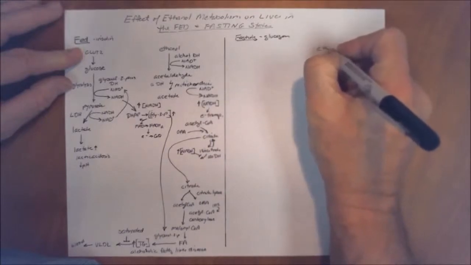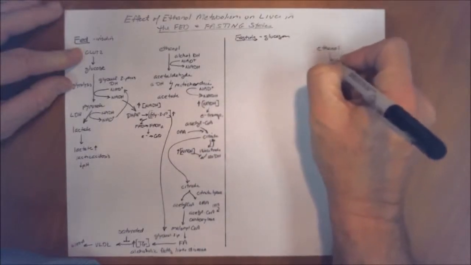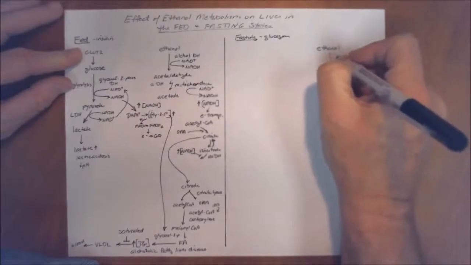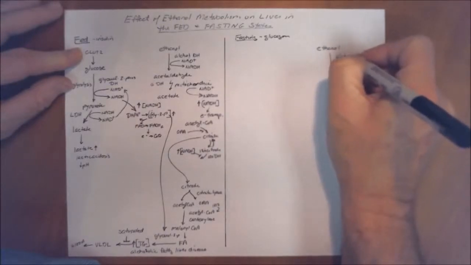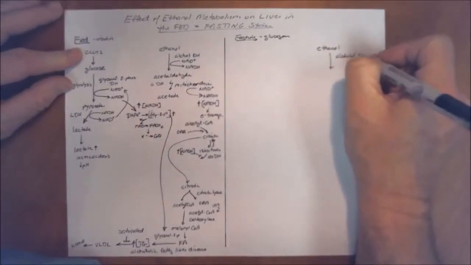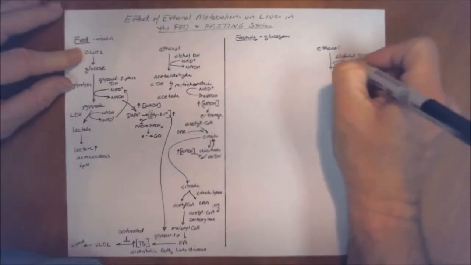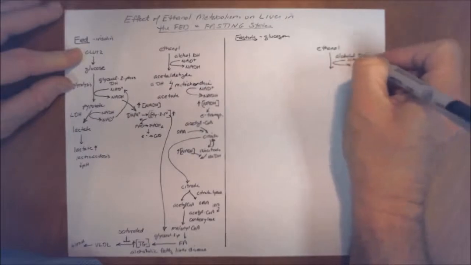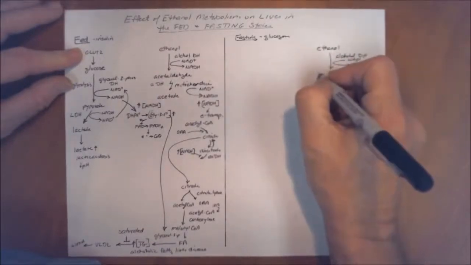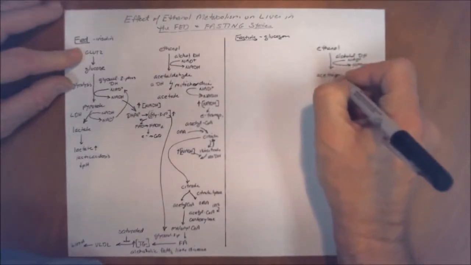The ethanol is still going to be oxidized by alcohol dehydrogenase, generating our NADH. Same reaction that we saw in the fed state to make acetaldehyde.